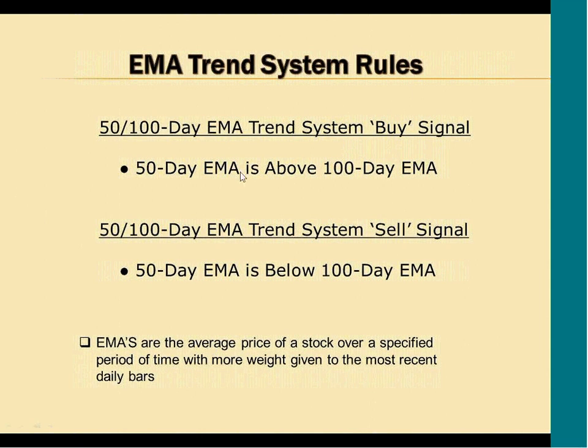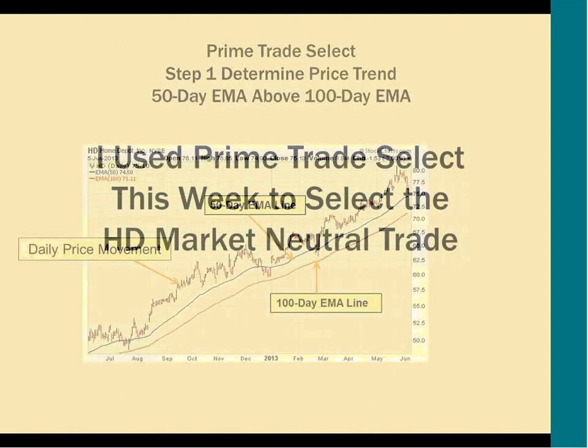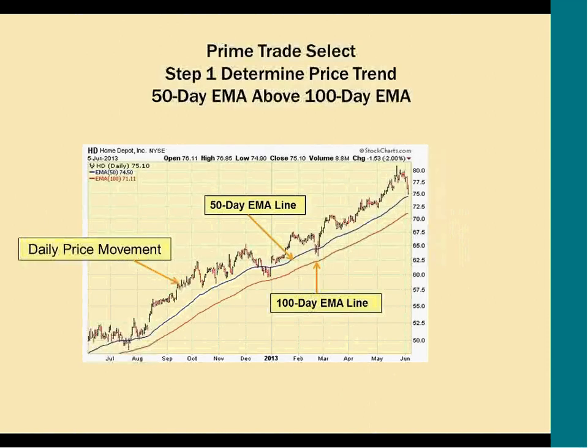Step two of Prime Trade Select is we want to confirm the price trend. On any given day, there could be several hundred stocks on a buy signal according to the EMA trend following system. So what we want to do is use trend confirmation indicators to reduce that number of stocks on a buy down to the stocks with the best profit potential.